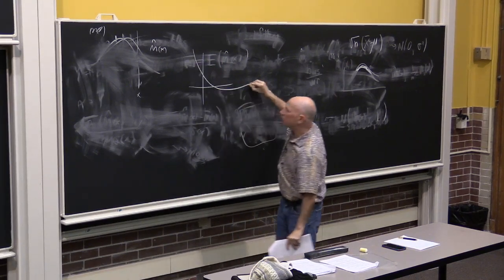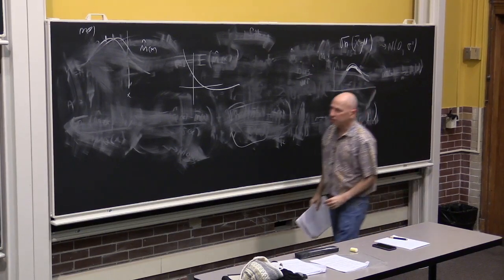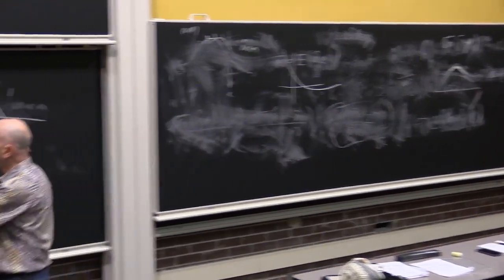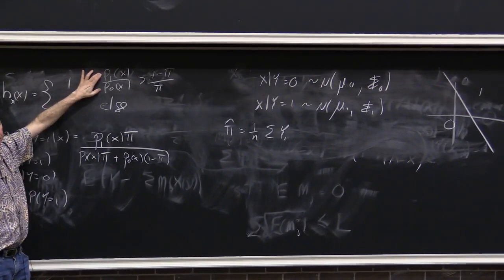It turns out it's a quadratic boundary. It's just algebra. I'm just plugging normal distributions into here and asking when this happens.